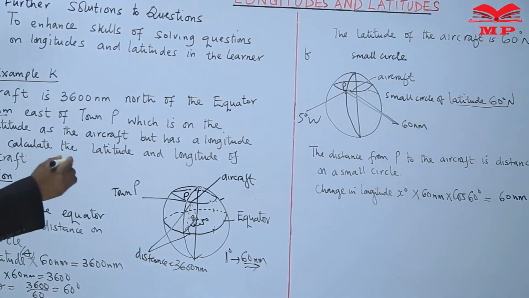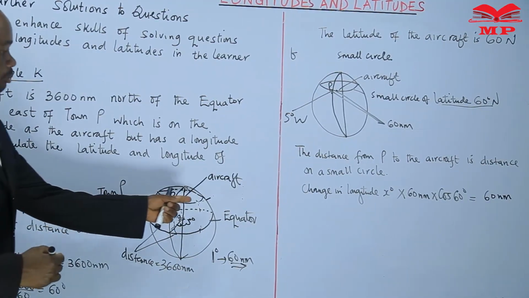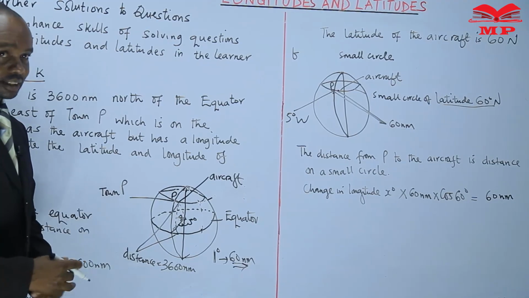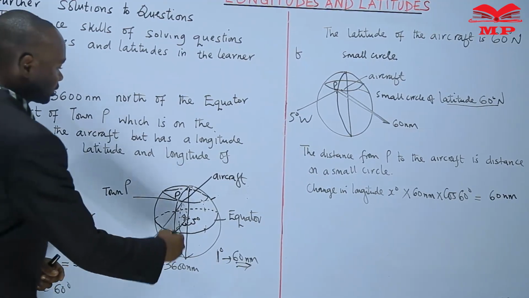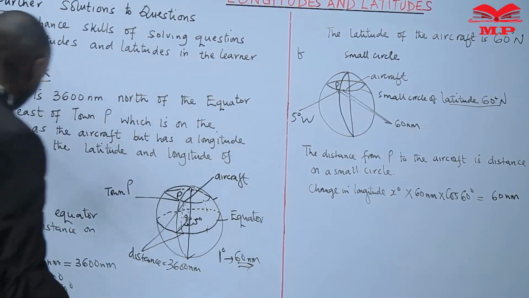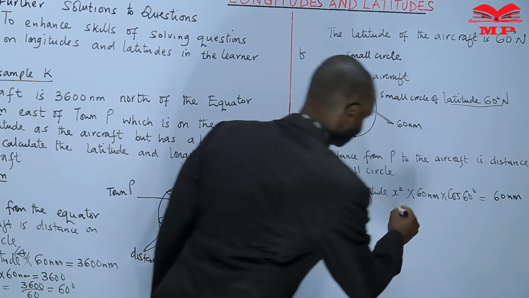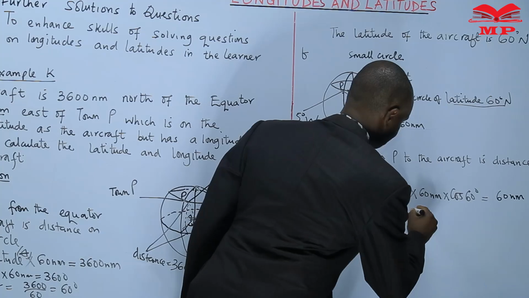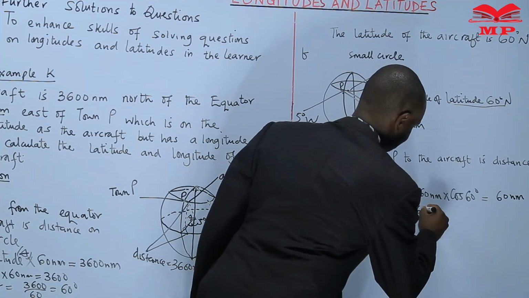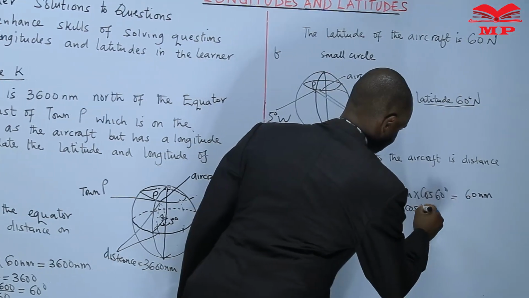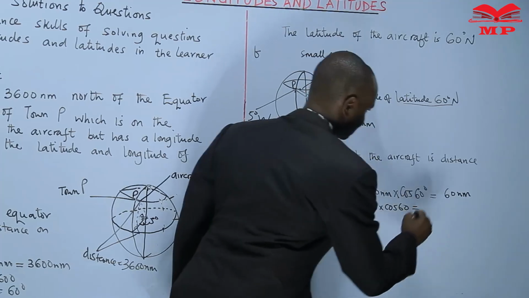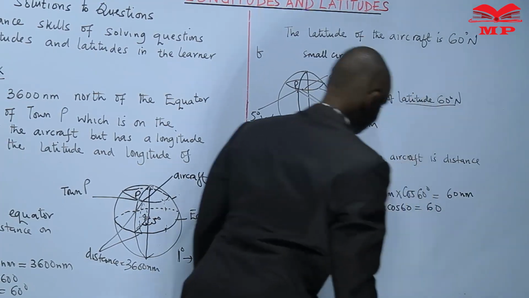You'll find the distance on latitudes, you'll be multiplying by the cosine of that latitude. But if it was a longitude, it is a small circle. I just multiply direct. So I'll come here, x degrees times 60 times cos 60 should give me 60.